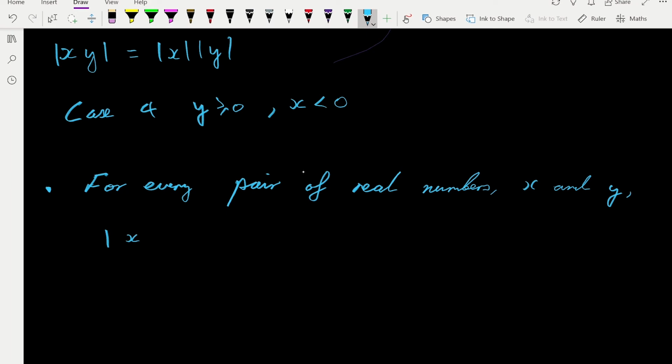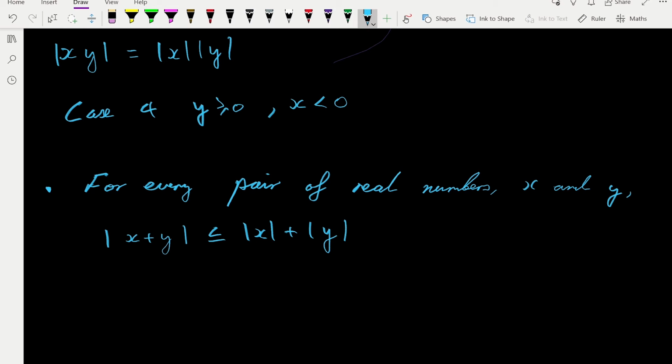If you took the sum of x and y and then took the absolute value, whatever you get is always going to be less than or equal to what you would get if you just took the absolute value of x first and added it to the absolute value of y. Now this is called the triangle inequality.